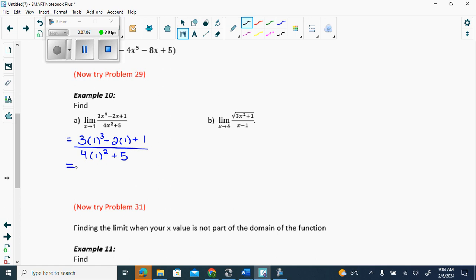And so I'm going to get 3 minus 2 plus 1, which is 4 minus 2, which is 2, over 9. So the limit as x approaches 1. So from the left of 1, from the right of 1, I actually have 2 9s, correct? And at 1, I have 2 9s as well.